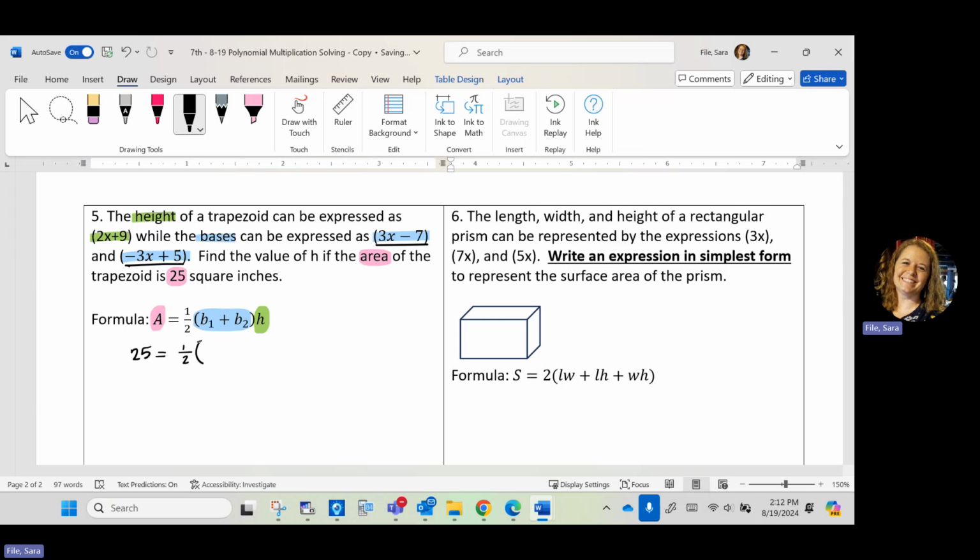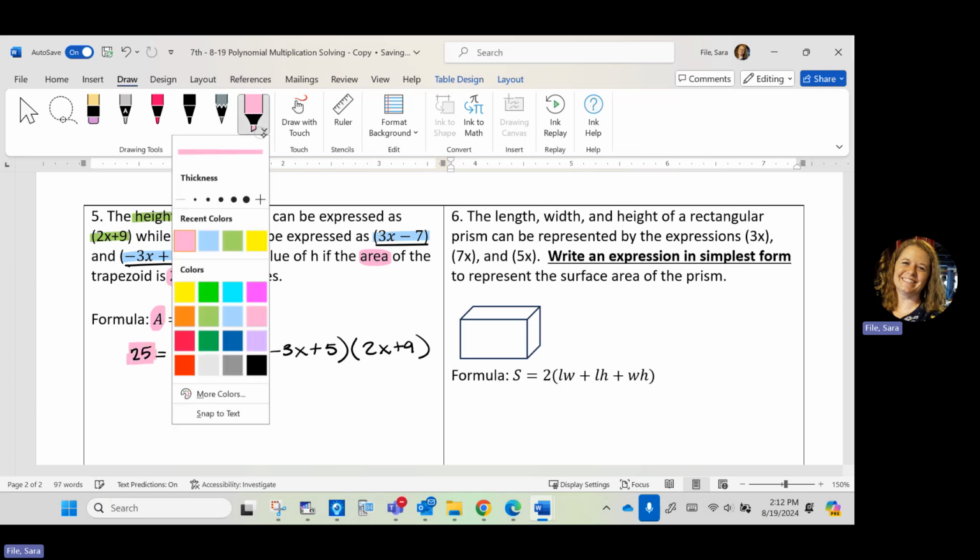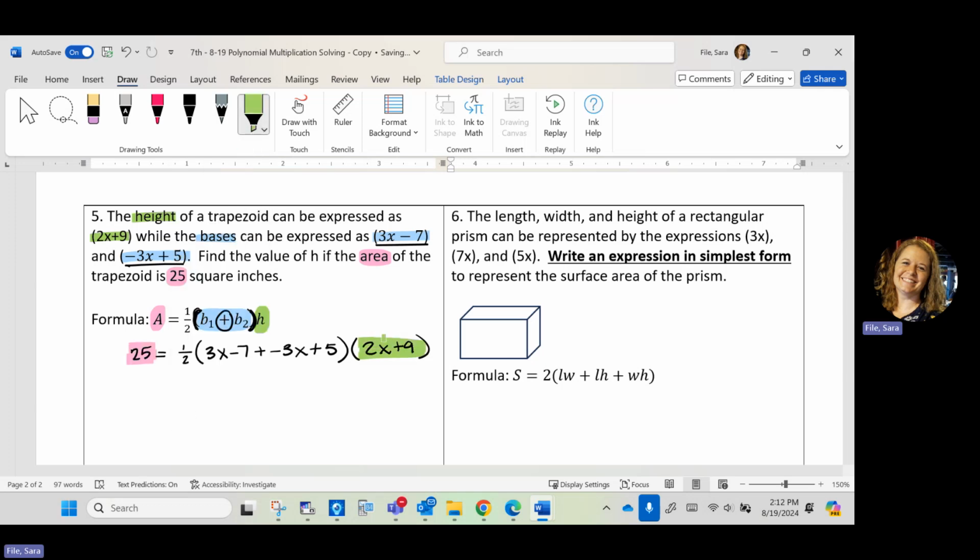I do need to separate it for the formula with these parentheses, but inside, because it's addition, I'm just going to write the terms. 3x minus 7 plus 3x plus 5. And then the height is plugged in. I'm going to put that in parentheses because it's also a binomial, 2x plus 9. So I plug 25 here, 2x plus 9 here, and then I did the bases here.